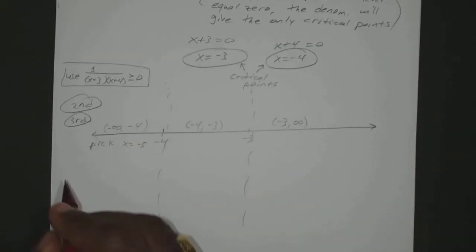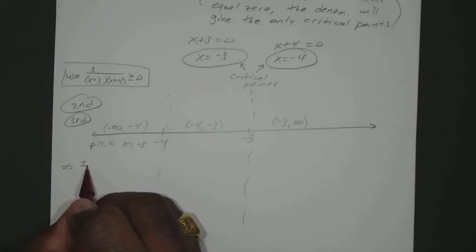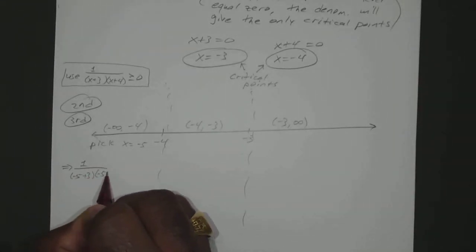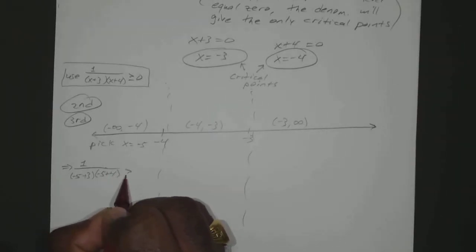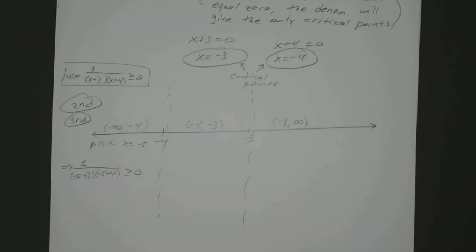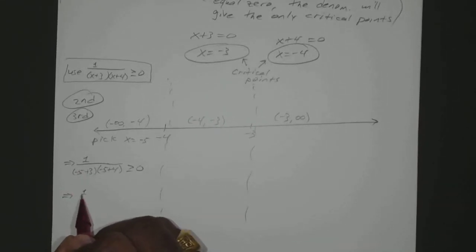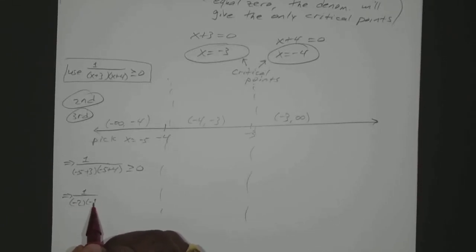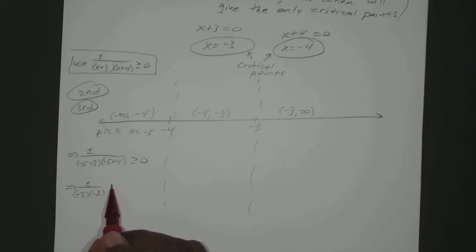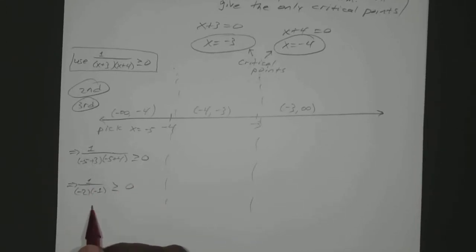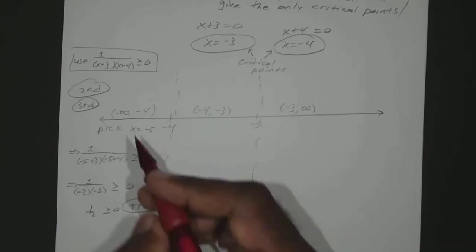If we plug in negative 5, I have 1 over (negative 5 plus 3)(negative 5 plus 4) is greater than or equal to 0. Negative 5 plus 3 gives you 1 over negative 2 times negative 1, which gives you 1/2 is greater than or equal to 0, which is true. So this is part of the solution.